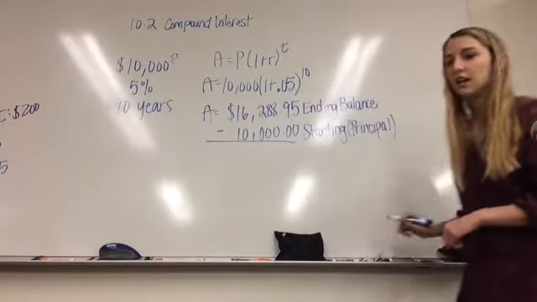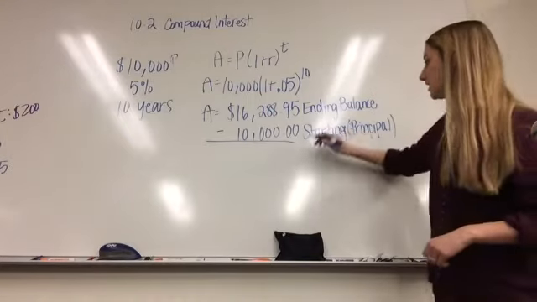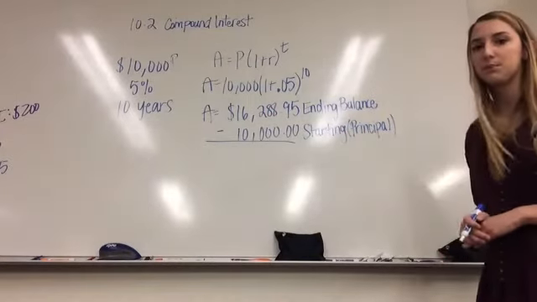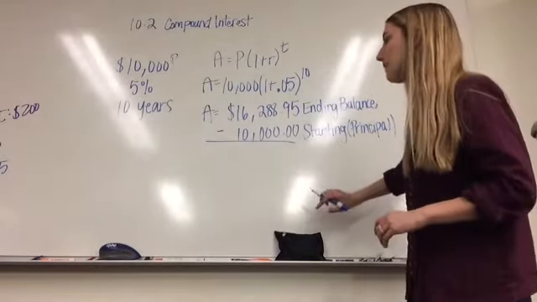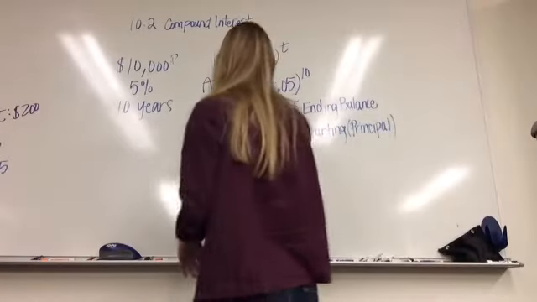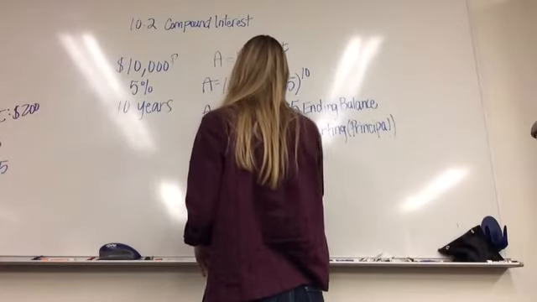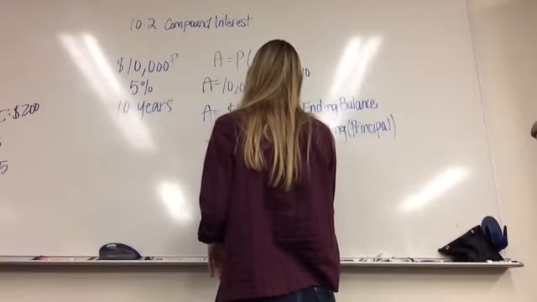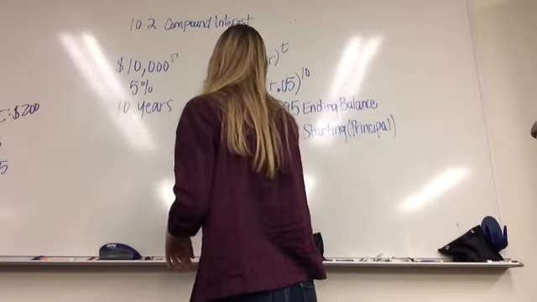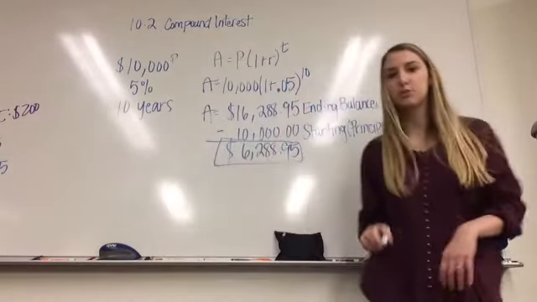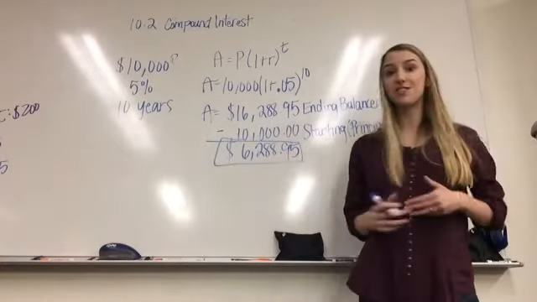Hope you can see that. This just says ending balance and our starting or our principal. So if we subtract these two amounts, we should get $6,288.95. So that, ladies and gentlemen, is the interest that was earned.